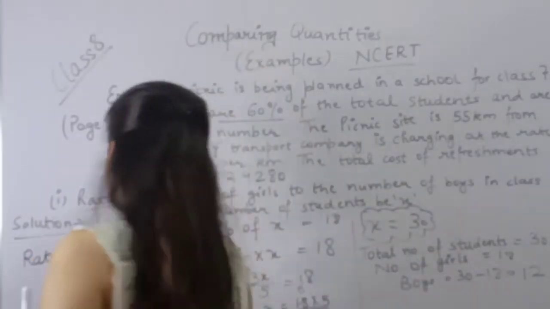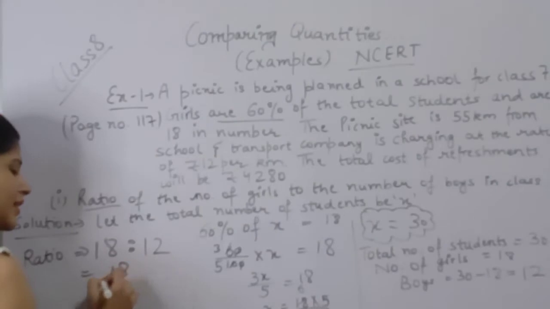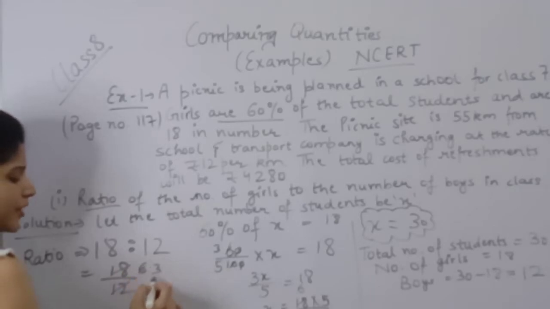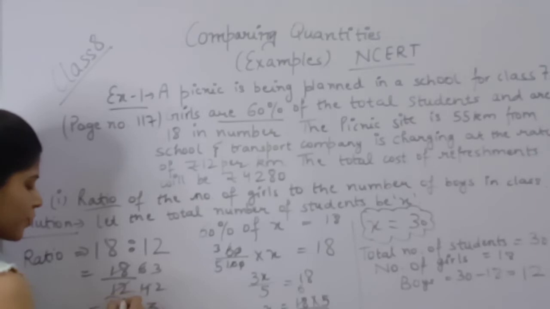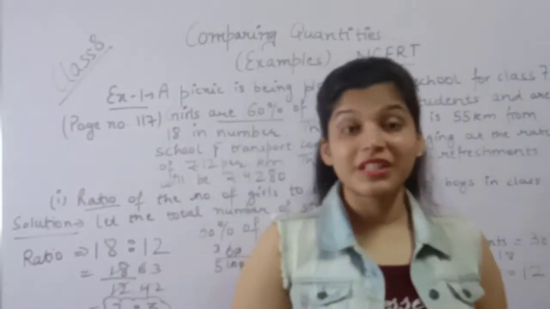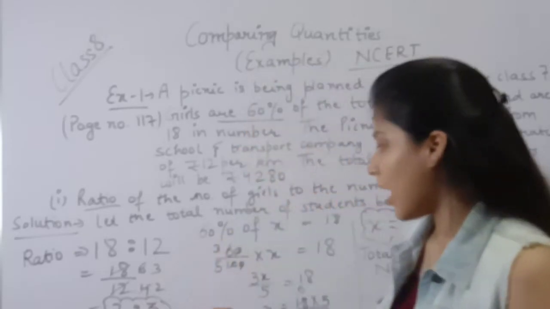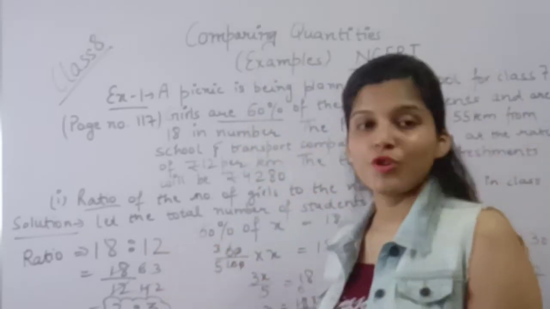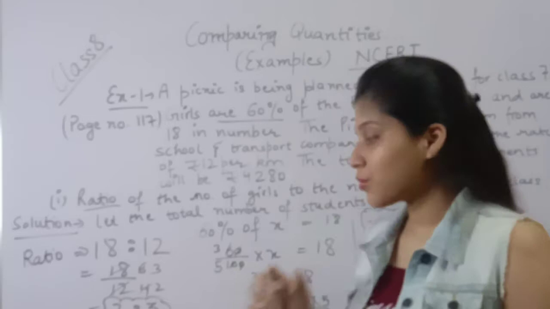So we can write 18 is to 12 as 18 upon 12. So 3 4s are 12, 3 6s are 18, 2 3s are 6, 2 2s are 4. So the ratio comes out to be 2 is to 3. So the ratio of the number of girls to the number of boys is 2 is to 3.